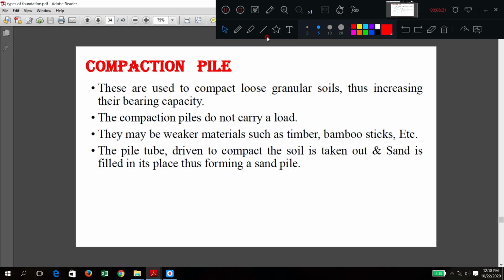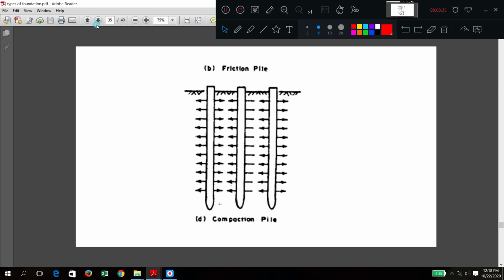So compaction pile, let's go to the diagram first, then you will understand. Here compaction is what? You are inserting the vertical members, we call them piles only, at very close intervals. At very close intervals, that time it will compact the soil.